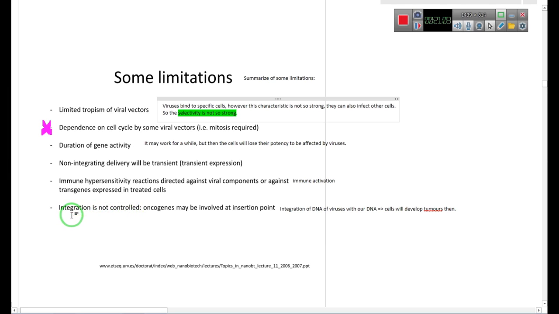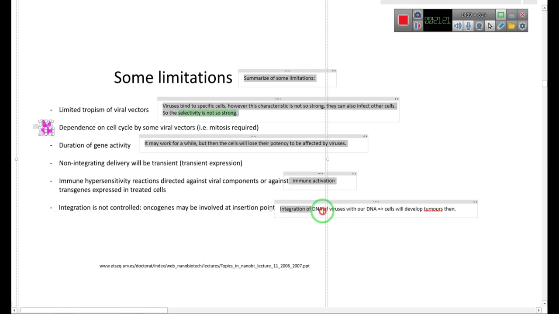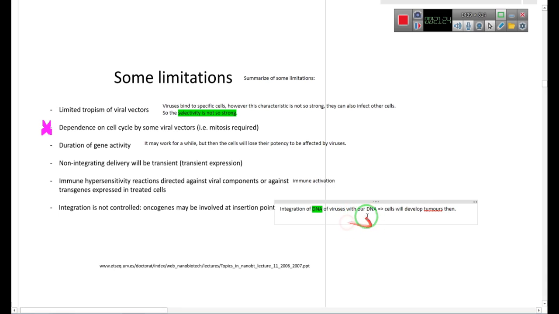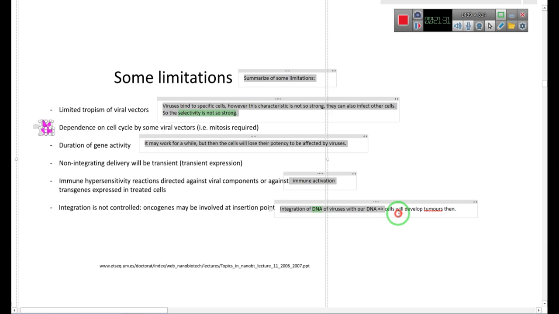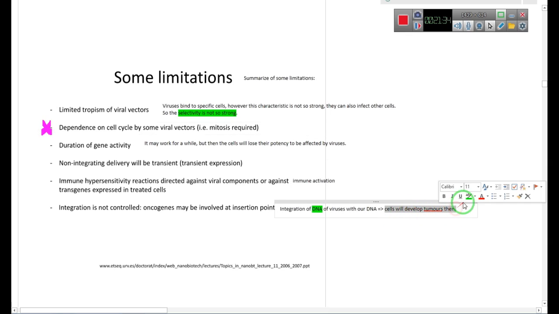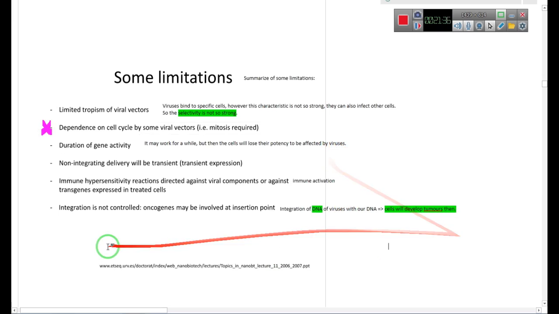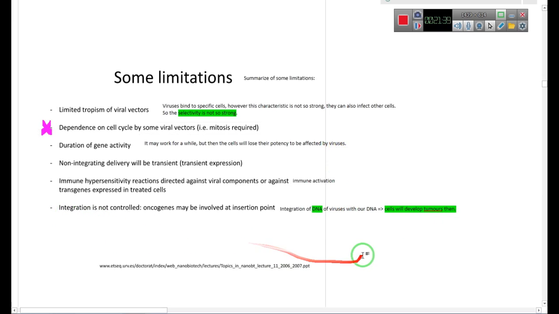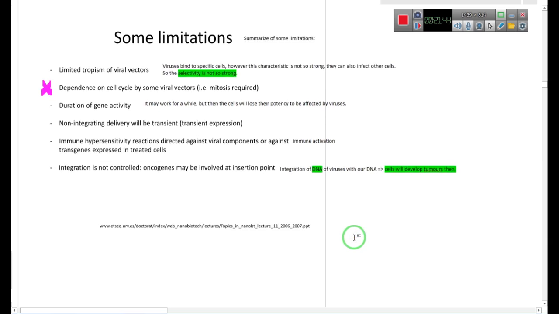It says that the viruses can enter the nucleus, and when they enter the nucleus, they can integrate with the DNA inside the nucleus and trigger the growth of cancerous cells. So the cells will develop tumors if the viruses integrate with the DNAs which are already inside the nucleus.